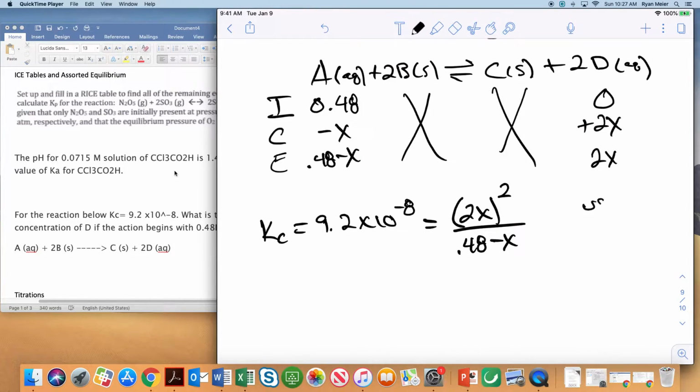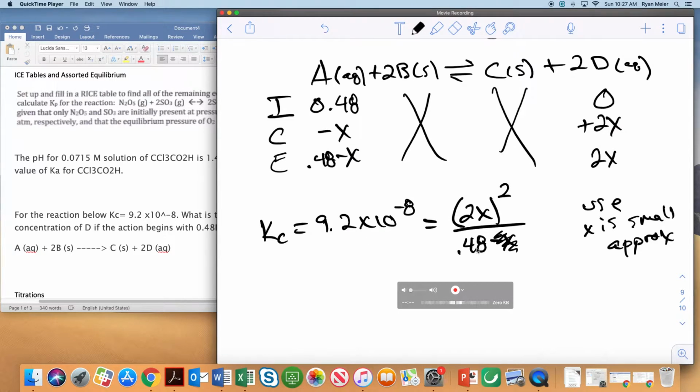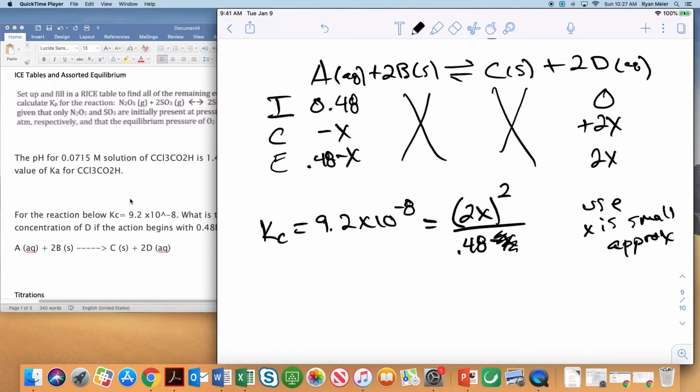But if we use x is small, that basically means we get to ignore the minus x portion. That's the part we're ignoring. And now I have a lot easier math to solve for x. So I can multiply the 0.48 across. This will square out to 4x squared overall, so I can divide the 4 over and take the square root of everything to get my x value.